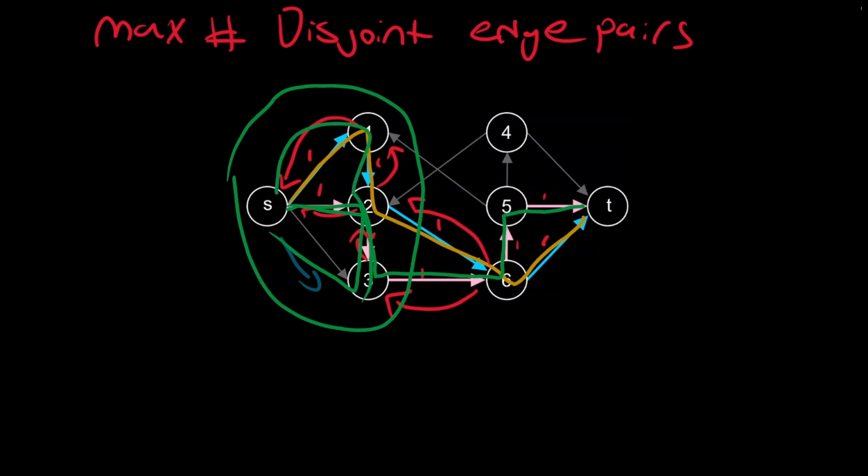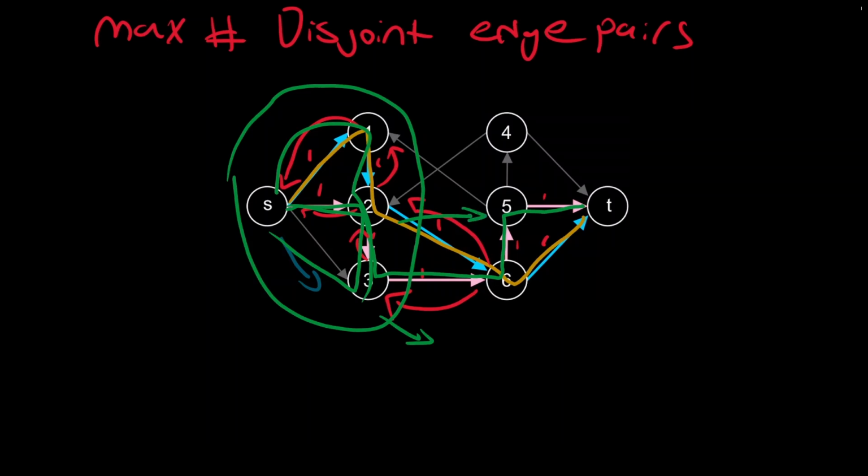So the only nodes that we can reach from S here are these 3 nodes that we've circled in green, and the arrows facing outward. We have 1 here and then 1 over here.